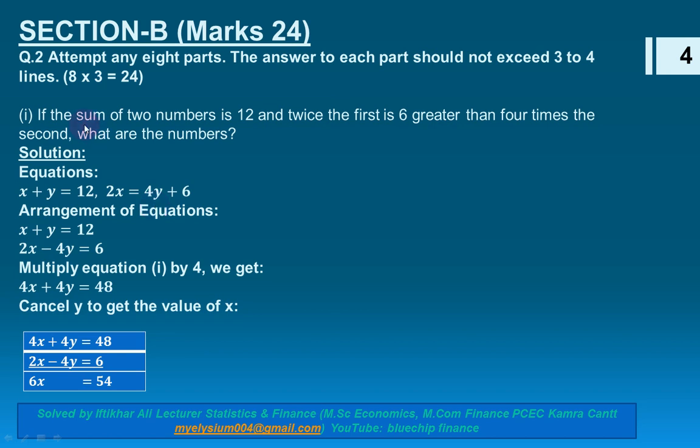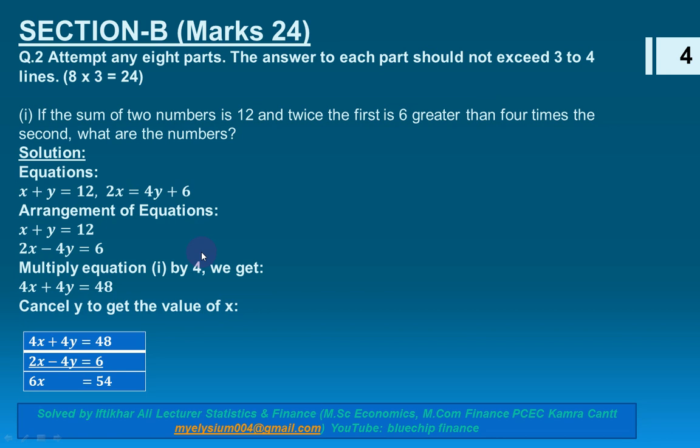If the sum of two numbers is 12, x plus y equals 12, because we do not know the numbers, so unknown numbers are denoted here, x plus y, and twice the first, 2x, is 6 greater than 4 times the second, equals 4y plus 6.